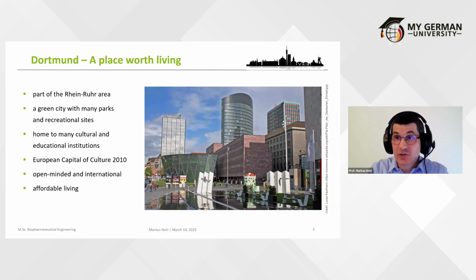So in the age of industrialization, Dortmund was associated with heavy industry. So for instance, coal and steel. But this has tremendously changed. And since the 1960s, Dortmund has shifted and adapted to a high-tech industry, for instance, biomedical technology and also microsystems technology.